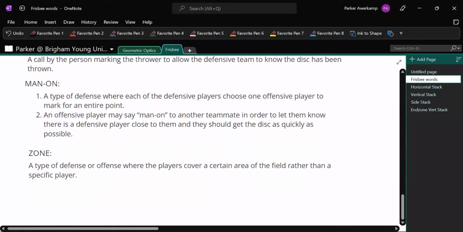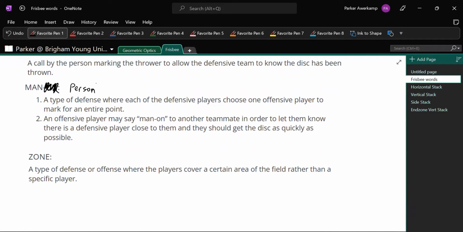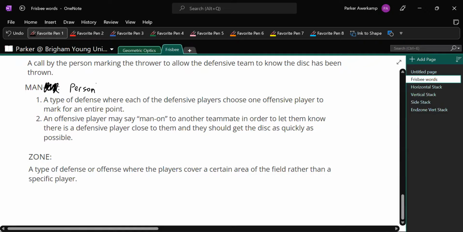And then the last thing we'll talk about here are the two main categories of defense: man defense, also known as person defense. And so in person defense, each player is guarding one other specific player, and they're going to do what they can to prevent that person from getting open.